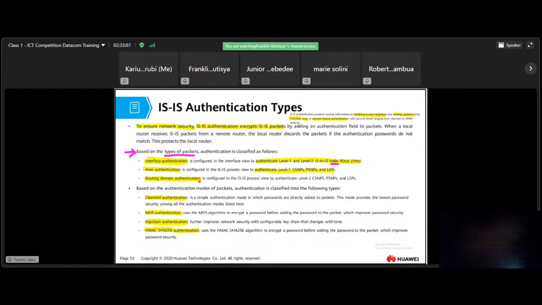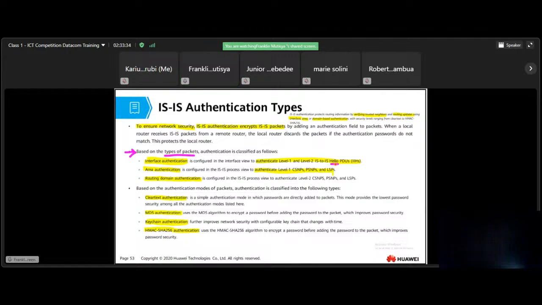Interface authentication targets certain packets, specifically hello packets. So if you configure ISIS authentication on the interfaces, you'll be targeting the hello packets.